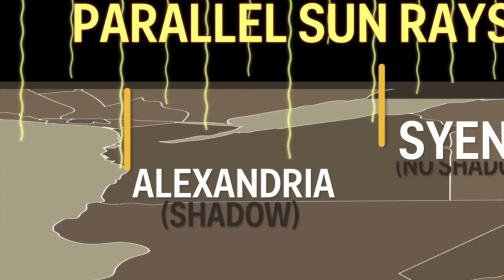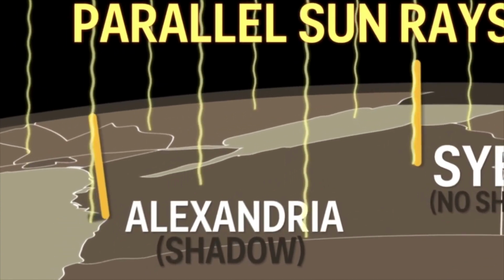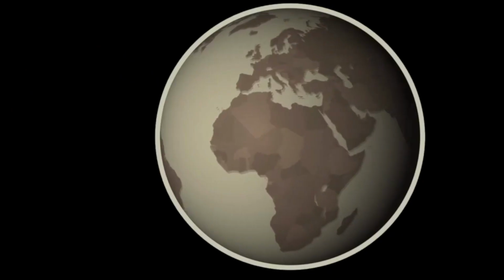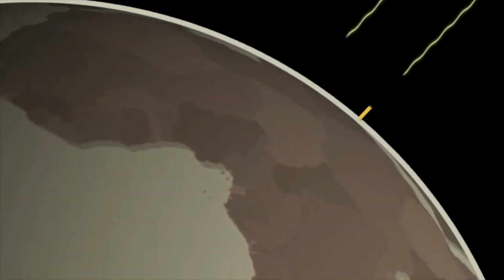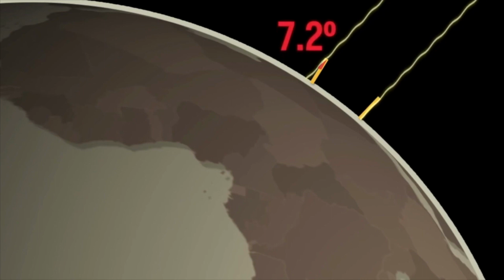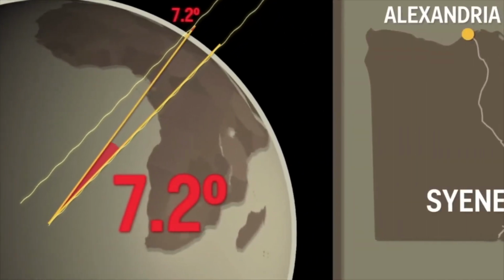Eratosthenes then used the Sun's angle of elevation in Alexandria to calculate the circumference of the Earth as follows. If we extend these two sticks until they get to the centre of the Earth, then we have created an alternate angle which must be 7.2 degrees.